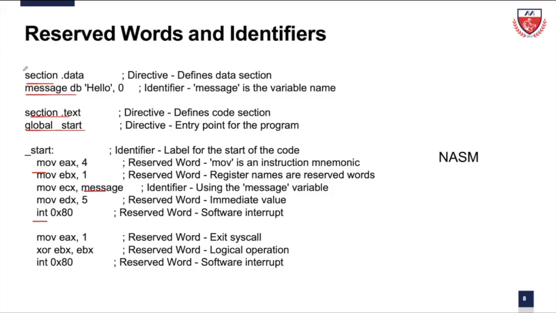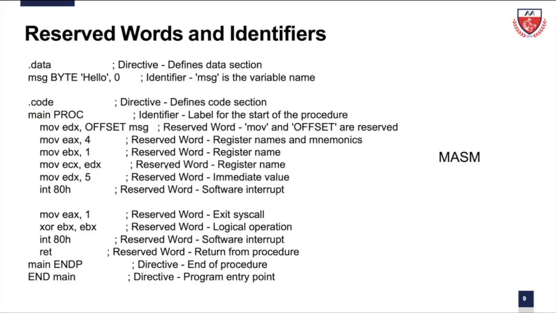Directives, like section and global, this is a directive. These instruct the assembler on how to organize code. MASM also has directives, which are different from NASM. MASM's reserved words are very similar, no?